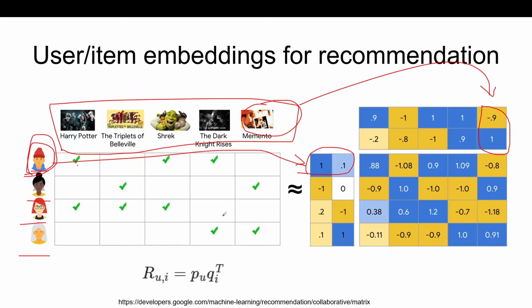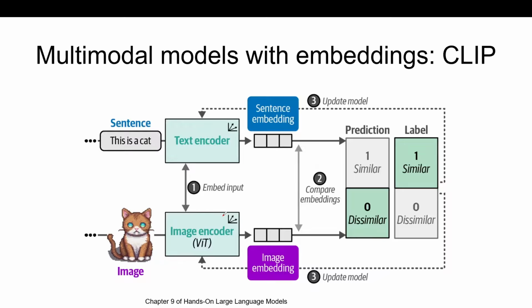In the user-item embeddings, we only take the ratings matrix as inputs. So all of these have only one single modality. But in practice, we want multimodal models that can take multiple modalities. For example, in this case, we want to take both sentence and image as inputs to the system.